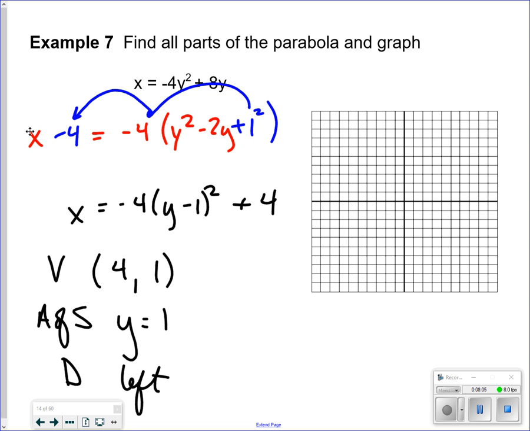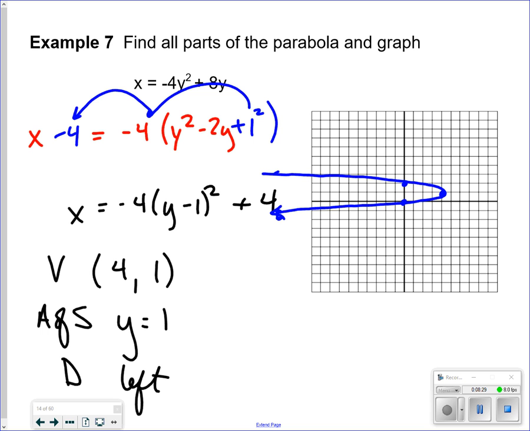Going over to the graph now, +4, +1. Remember that if you go 1 away from the vertex, it's always 1a. If you go 2 away from the vertex, it's always 4a. So that's 16. So it goes off the graph pretty quickly there. And so that is your parabola.